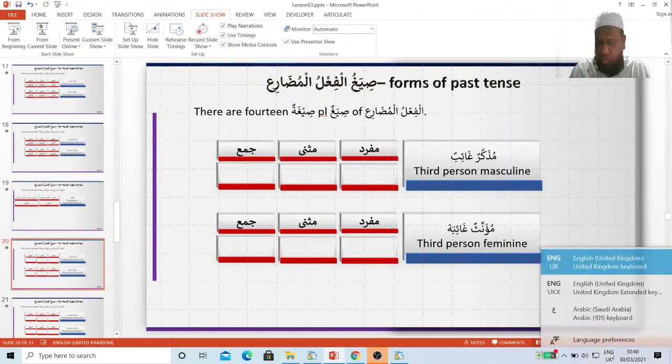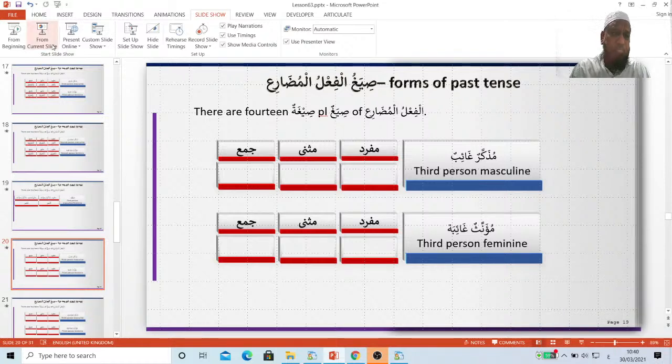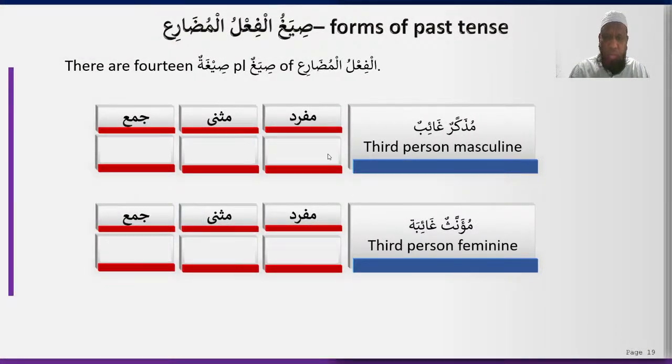Let me turn it on. Yep. So we need the ya for the غائب. Ya. The fa'ul kalima will be sakin, sukun on it.